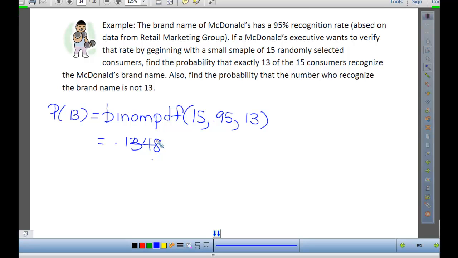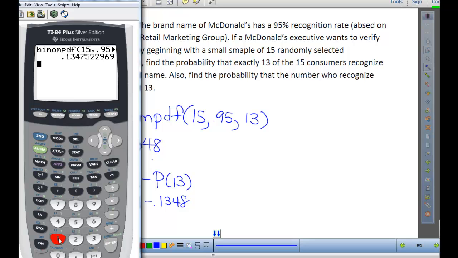Okay, good. All right, the next part of the question says find the probability that the number who recognize the brand is not 13. So what will we do here? Just say 1 minus the probability that it was 13. And so we get 1 minus 0.1348.